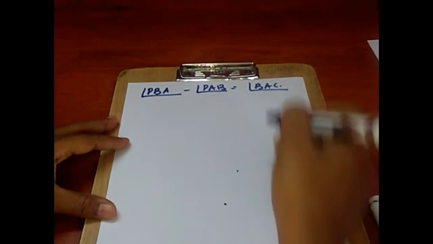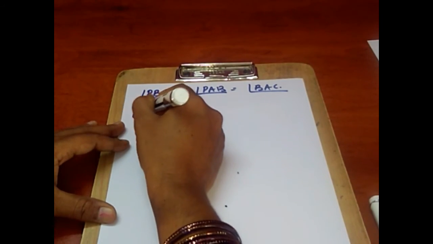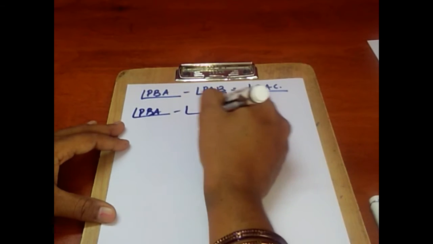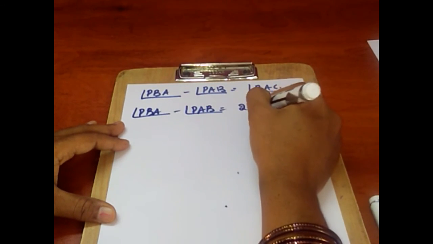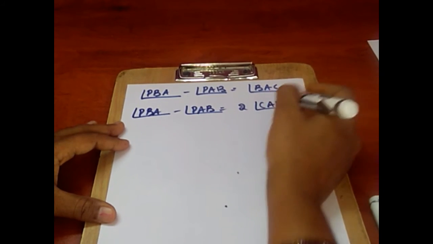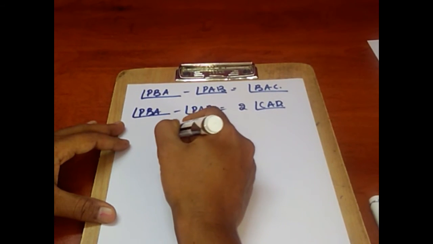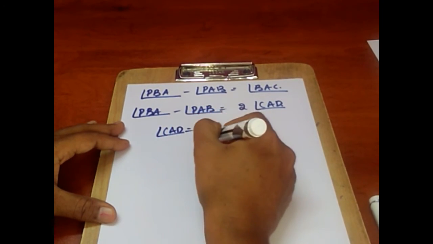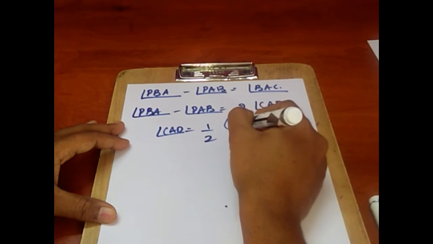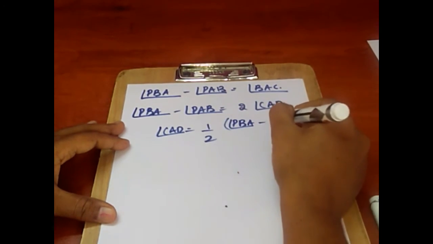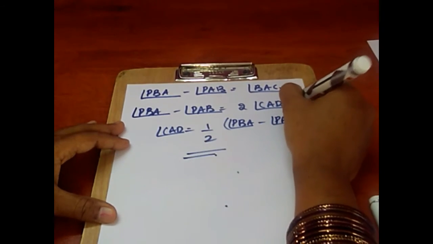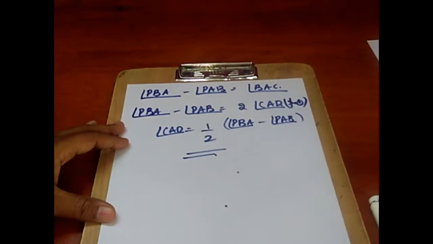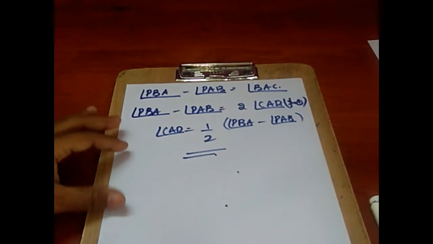So in the place of BAC, we are going to write angle PBA minus angle PAB is twice the angle CAD. Now what to do? Angle CAD is equal to half of angle PBA minus angle PAB, hence it is proved. Here you can write it is from result number 1.